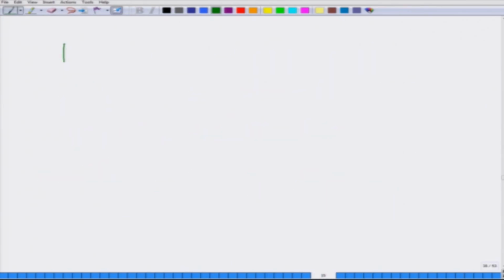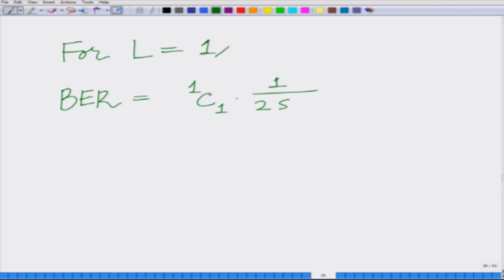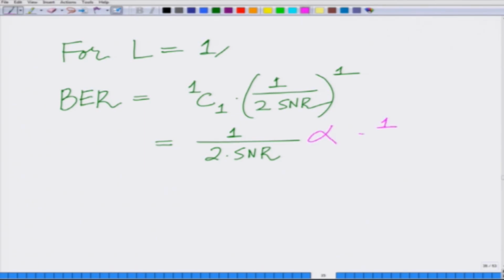Therefore, for L equal to 1, the approximate bit error rate equals (2L minus 1 choose L), that is 1 choose 1, times 1 over 2 SNR raised to the power of 1, which is basically equal to 1 over 2 times SNR, which is indeed proportional to 1 over SNR, as we had seen before.